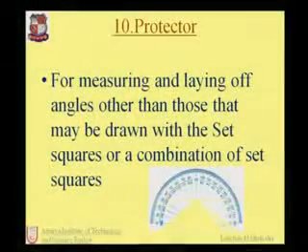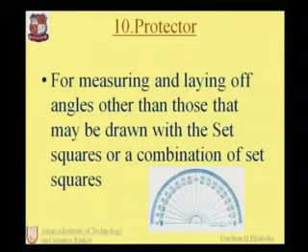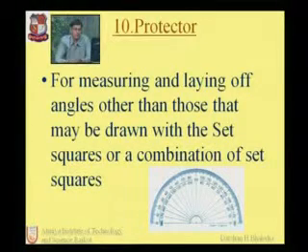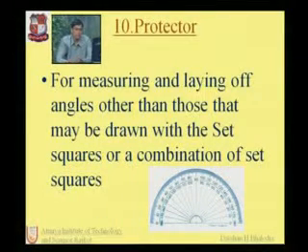We can draw more than 180 degrees, but we have to move the protractor to the other side also to draw the larger angles. Now this figure shows the indication of the degrees. As the figure shows, it consists of the baseline. The baseline has the point from where the angle is to be drawn.